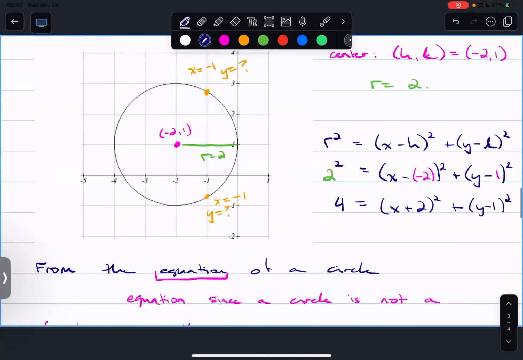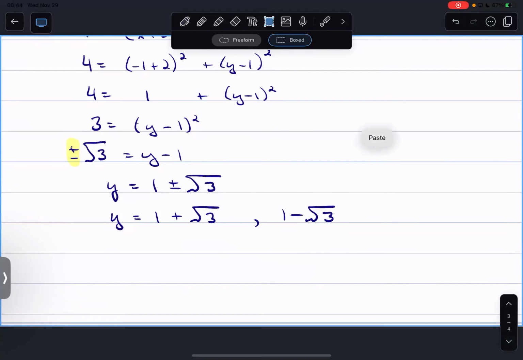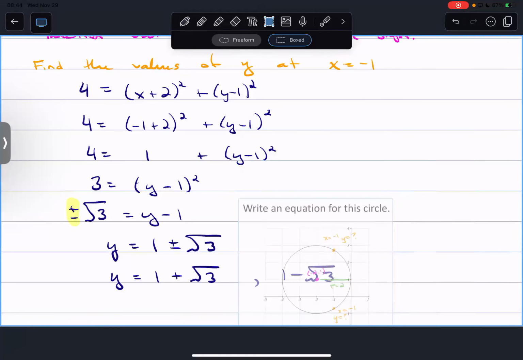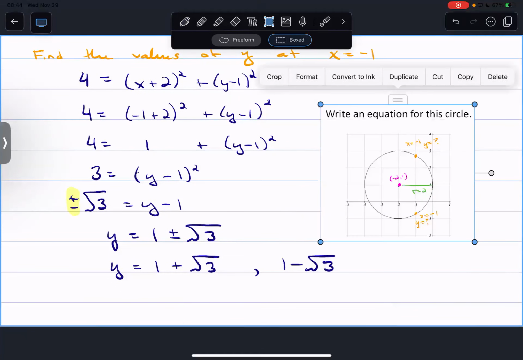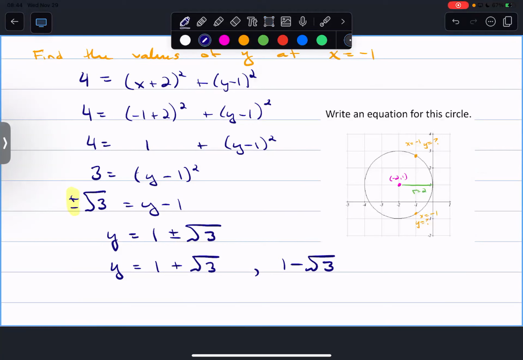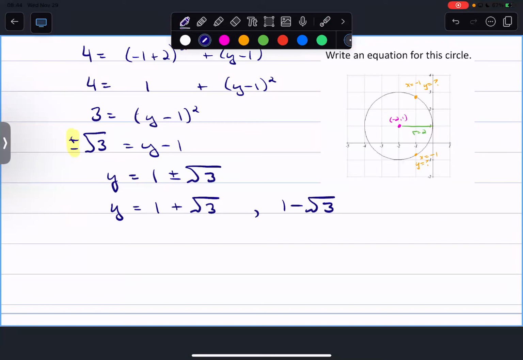So then if I copy here, just make a smaller version. We found that if I do 1 plus the root of 3, I get roughly 2.732, and 1 minus the root of 3, I get roughly negative 0.732.